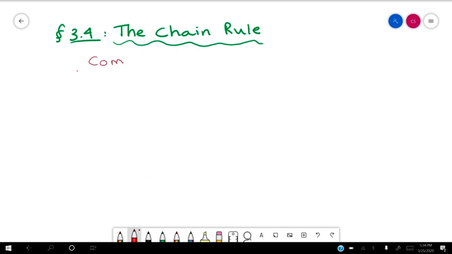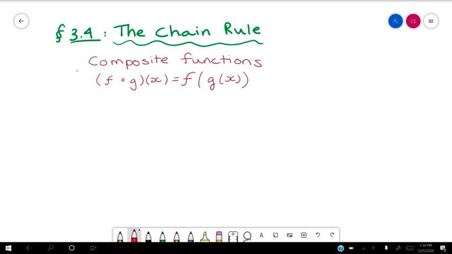Just as a refresher, a composite function, or the composition of functions, is when we have an inside and an outside function. The notation we use in algebra looks like this, with the open circle, f of g of x, and it's really f of g of x. So we're plugging g into the function.